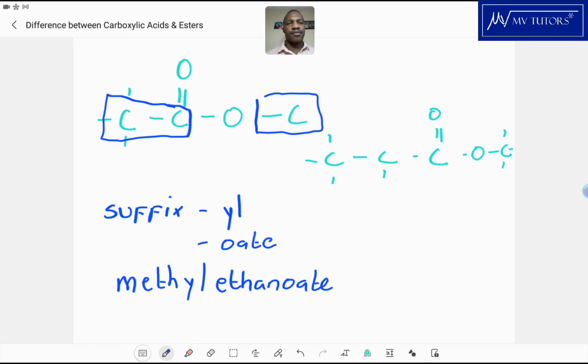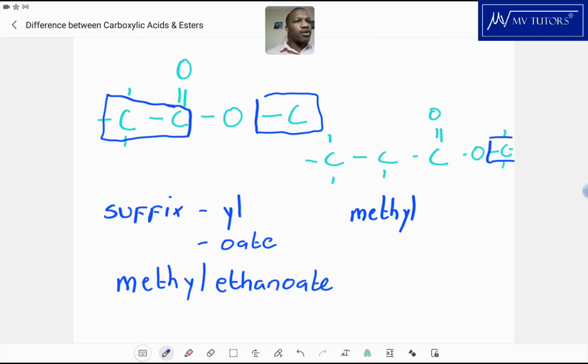Okay. Now let's take a look at this one. Same concept. We look at the single bonded one first. The single bonded one is that one. So how many C's does it have? It has one. So it's also a methyl. It's a meth, and then the suffix yl.